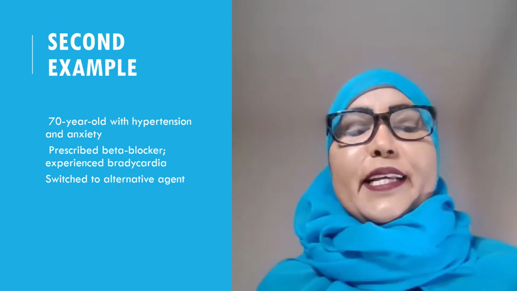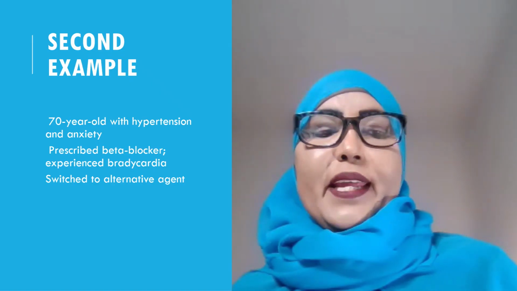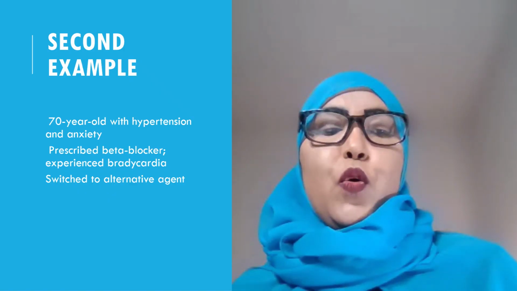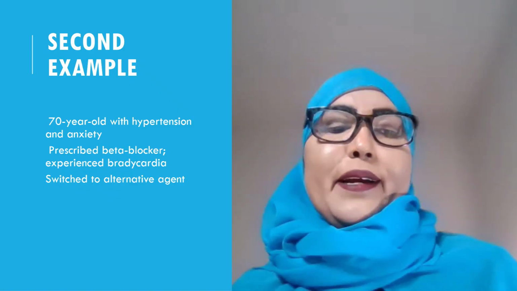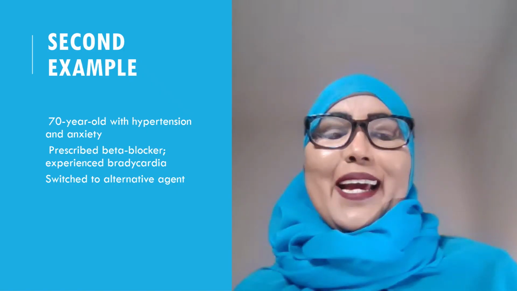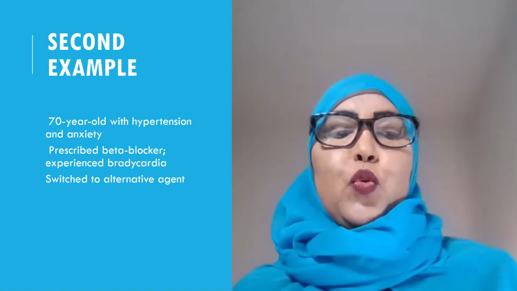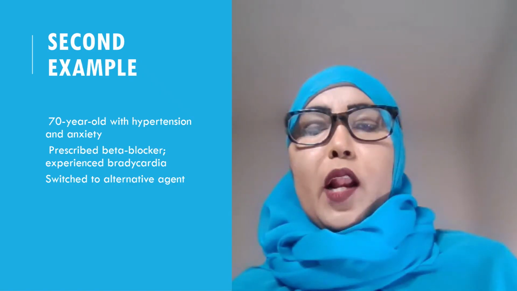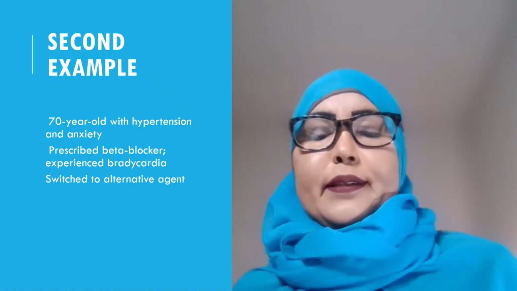Our second case example, we have a 70 years old with hypertension and anxiety. We prescribed a beta blocker and the patient experienced low heart rate, bradycardia. We have to switch to an alternative medication that will not lower the patient's heart rate.